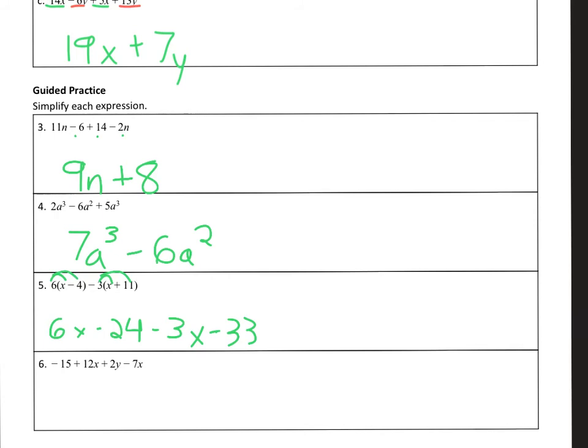This one's a little bit easier to see, but I can combine 6x and negative 3x. That becomes 3x. Negative 24, negative 33. I combine those like terms. That becomes negative 57. And that is simplified as far as I can go. So my like terms are all combined.